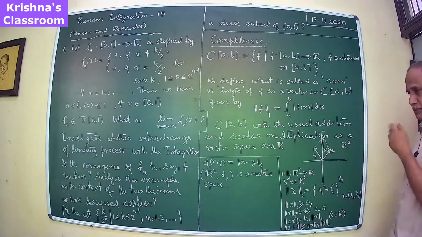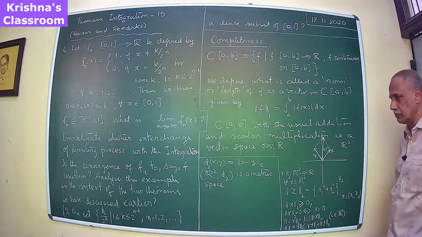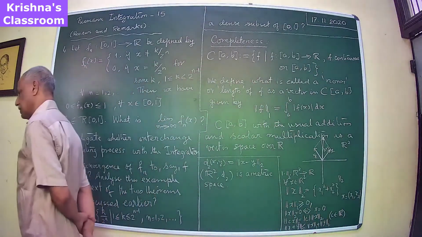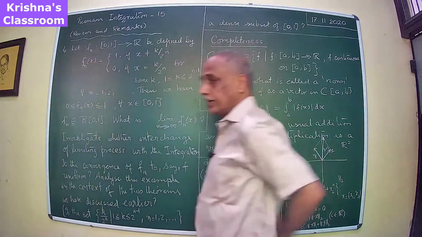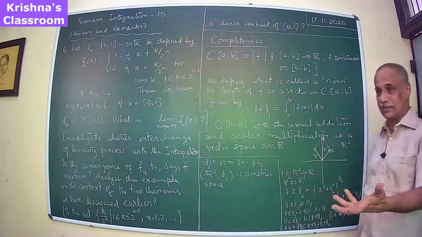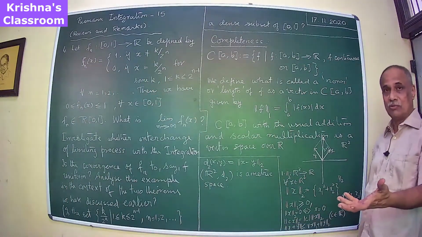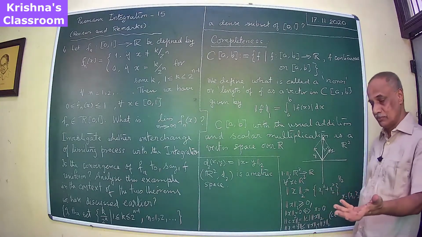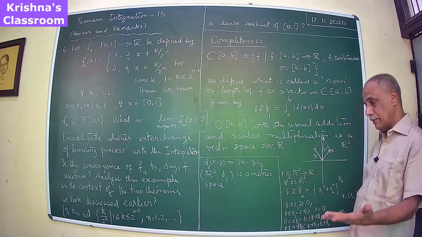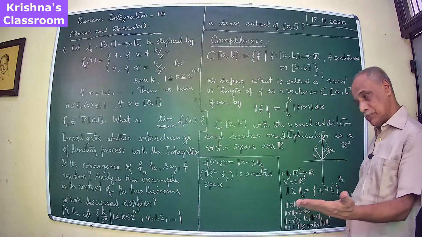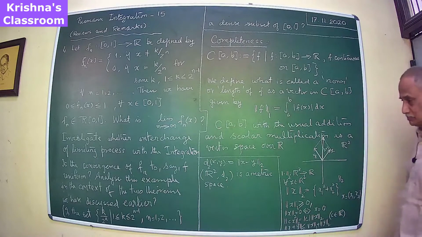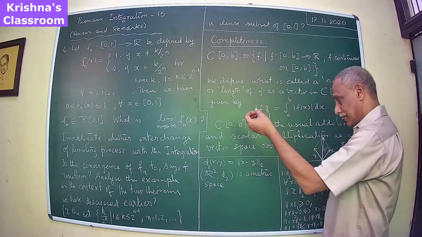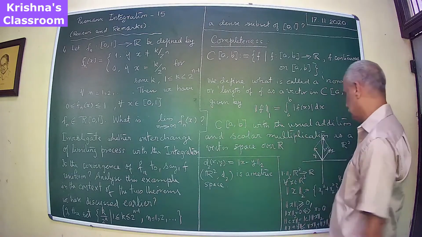If you want to use sophisticated terminology, then R2 with this norm is a topological vector space. You see that there are two structures there. One, of course, is the algebraic structure, the linear space structure that you have, and then there is the concept of norm, which endows the space with a metric.